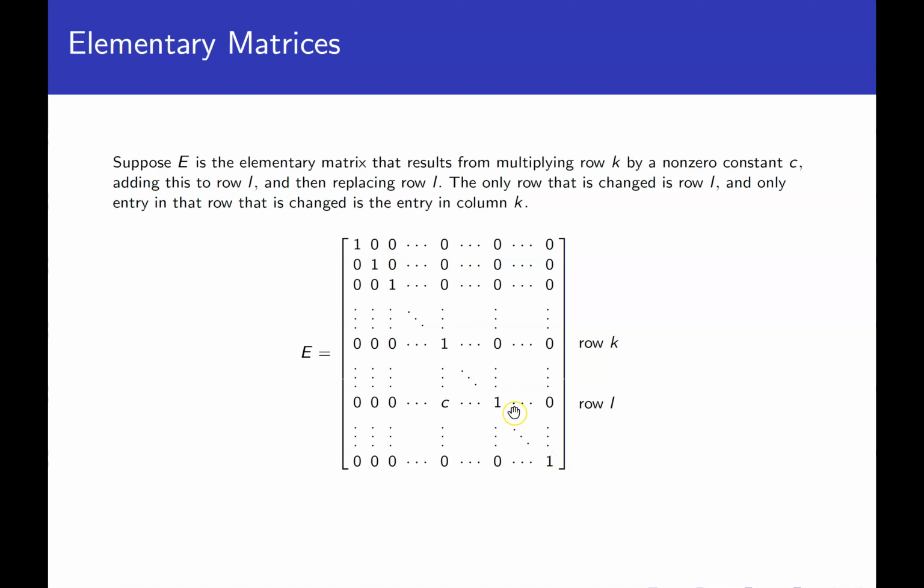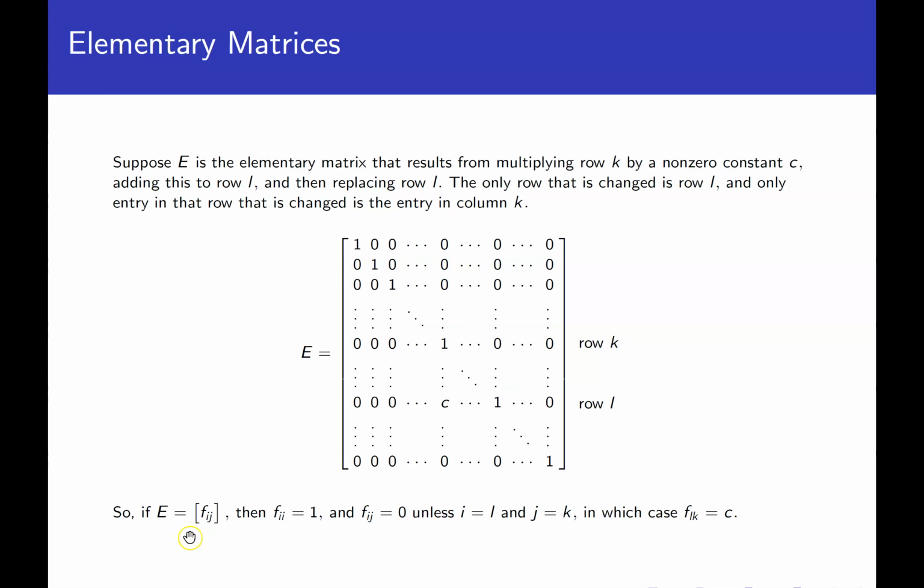But we're taking the identity matrix, we're just trying to write what a general elementary matrix looks like of that last type of elementary row operation. Here's what our general matrix looks like. Here's row K, column K. If I want to take row K and multiply it by C and add it to row L, the only change that gets made is that I will take this 0 out of row L, column K, and replace it with a C. Okay?